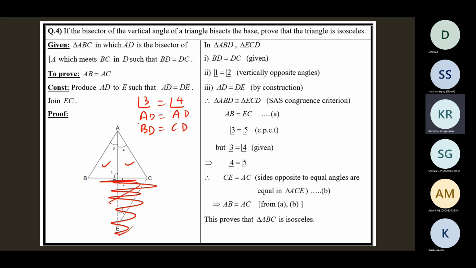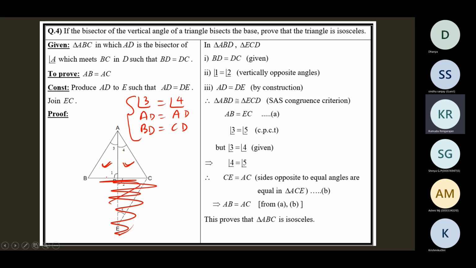But this doesn't satisfy any congruence criterion. And we also checked, we don't have any other equalities on the two triangles. So with this information, we are not able to show that these two triangles are congruent to each other.